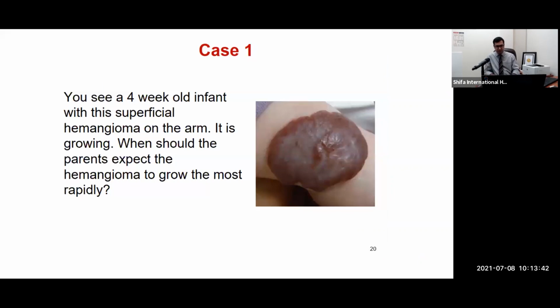Now, first case. Sorry, let's talk about the case. You see a 4-week-old infant with this superficial hemangioma on the arm. It is growing now. When should the parents expect the hemangioma to grow the most rapidly? Now, if you have a piece of paper next to you, you can answer the questions yourself and then compare it with the answers here.